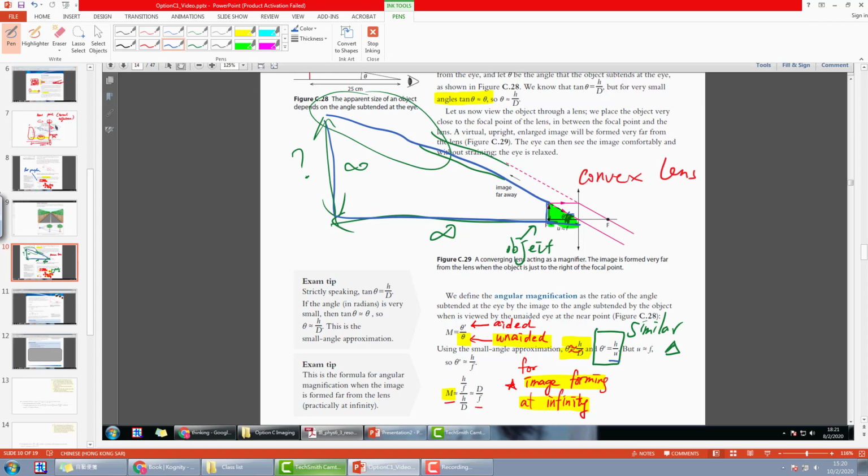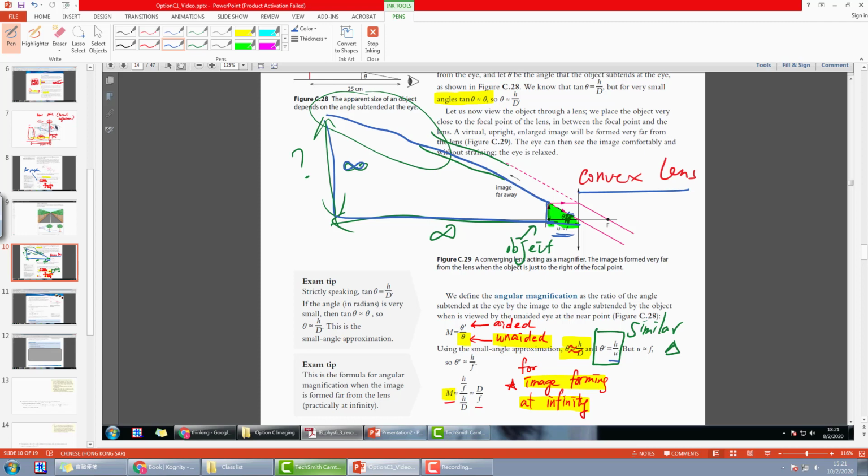Interestingly, because of the convex lens property, this will be exactly the same distance as the focal length for the u, right? Because in order to get the image formed at infinity, you have to put the object at f.